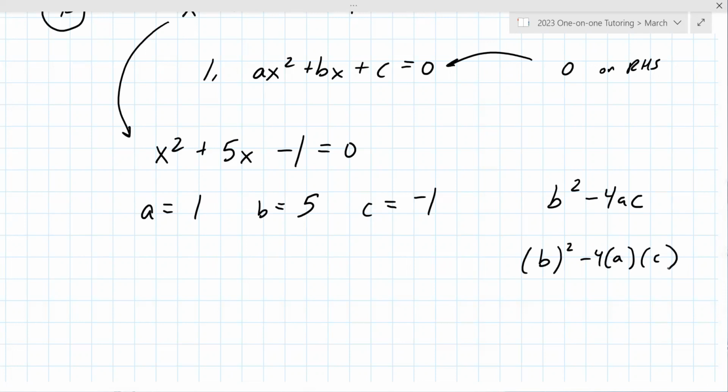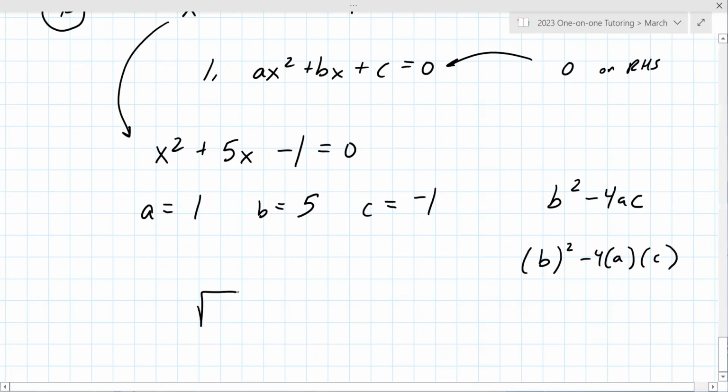So that will equal 29. Yes. Okay. So that means it's the square root of 29. First thing is we know that it's positive. 29 is positive, so that means there are 2 real roots. But are they rational or irrational?